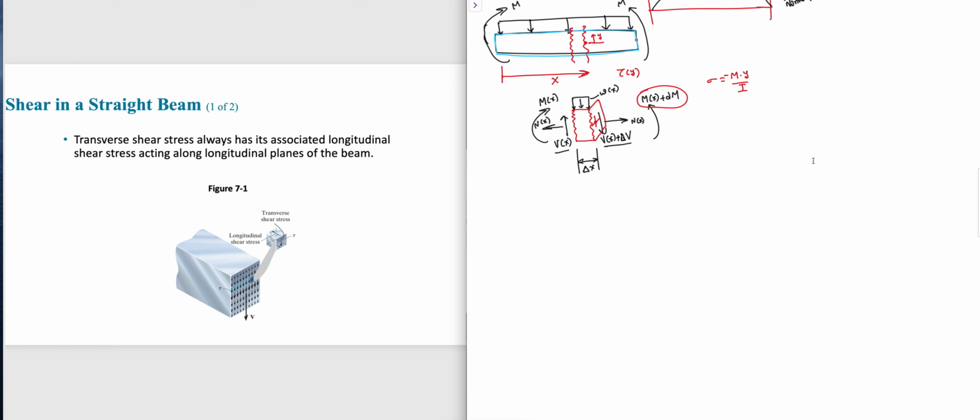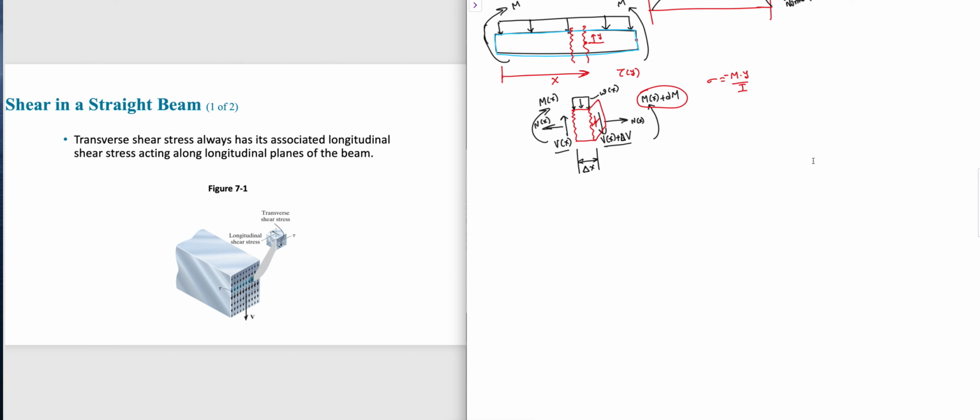Okay. So moment is acting with respect to this axis, isn't it? If we call it x, this moment is with respect to this axis shown. Okay. Just that you identify. All right.